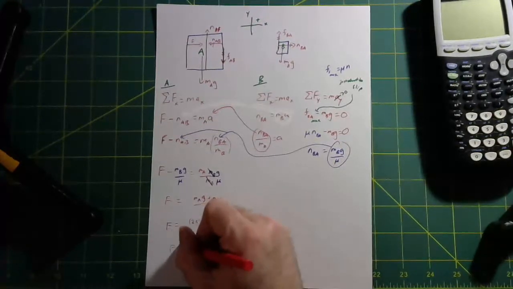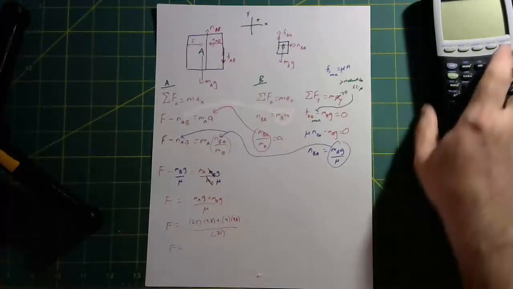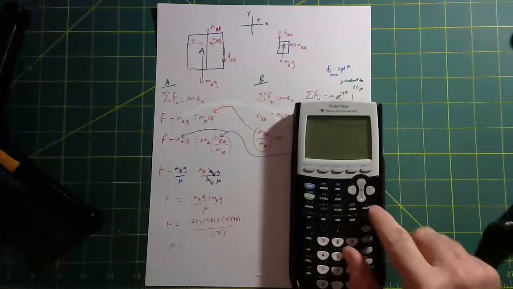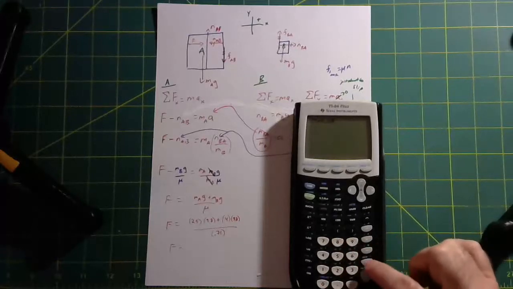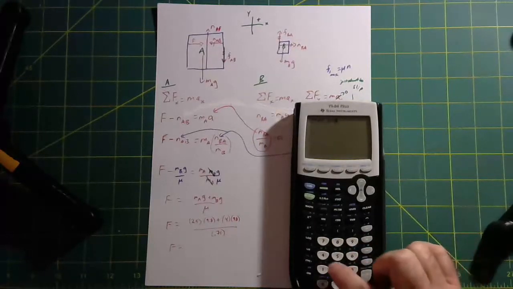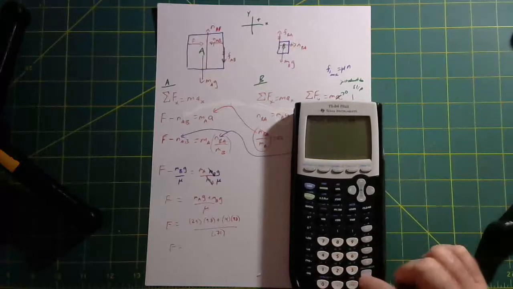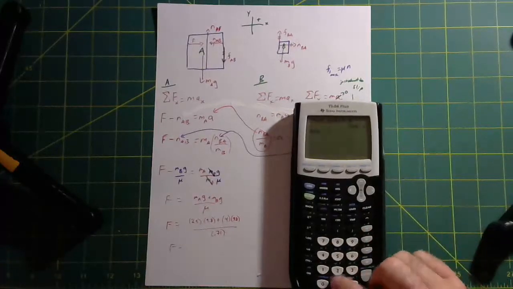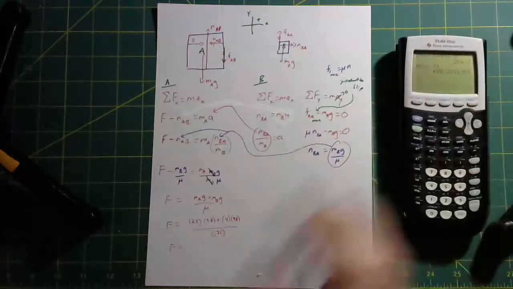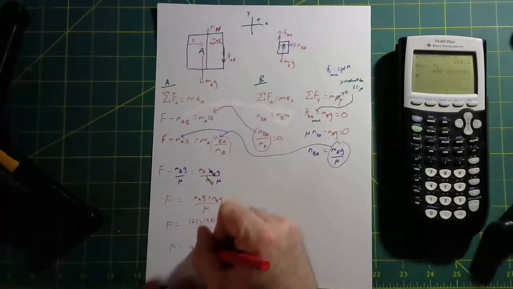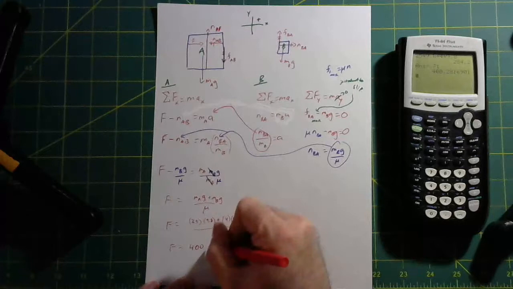And so if I do this, let's see what we get. I do 25 times 9.8 plus 4 times 9.8, divide that total by 0.71, and I get 400.28 newtons. I'm just going to round off to 400.3 newtons.